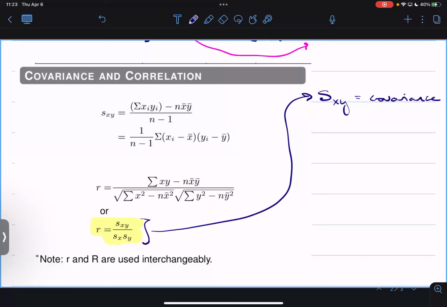So at the very least, I give you the covariance. S subscript X is the standard deviation of X. And S subscript Y is the standard deviation of Y.